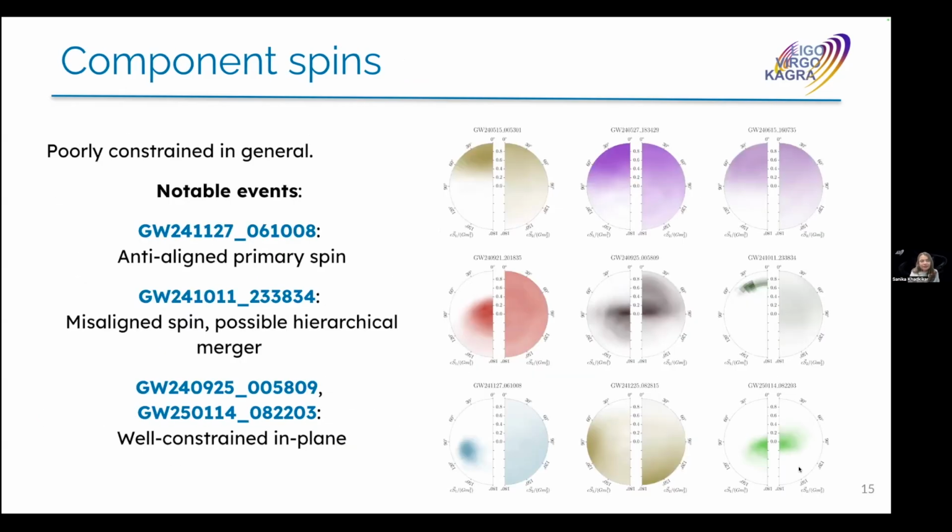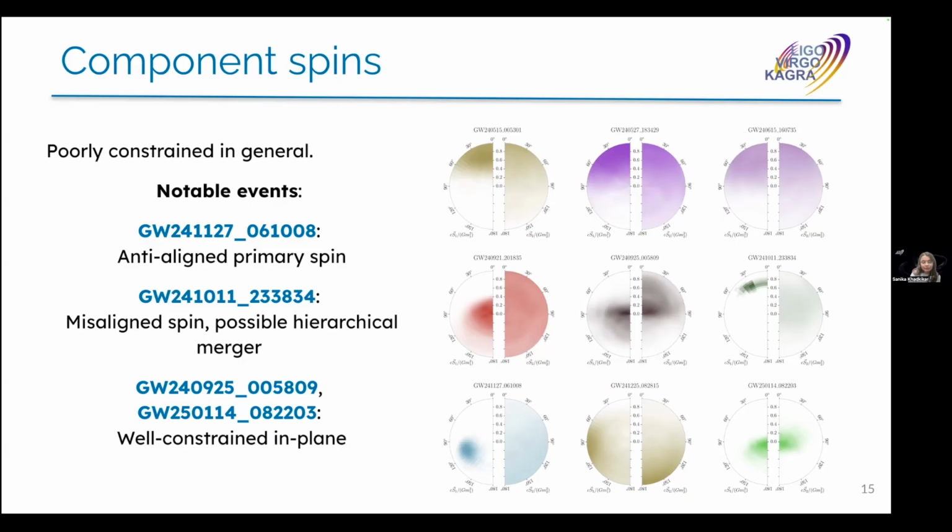So talking about component spins, they are poorly constrained in general, and that's what we also see in this catalog. But on the right-hand side, we have shown a spin disk figure which shows the distribution of the component spins for a few handpicked events where we thought the spins might be interesting for you to look at. The notable events that we have are GW241127, where the primary spin might be anti-aligned.